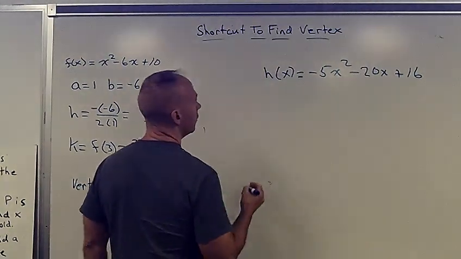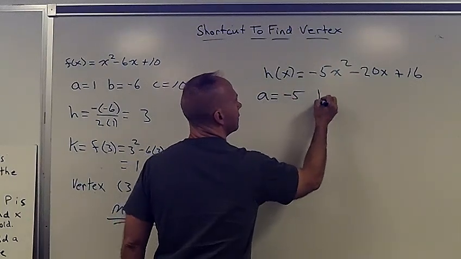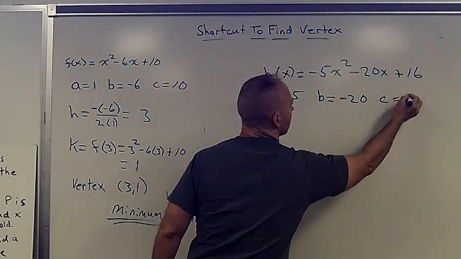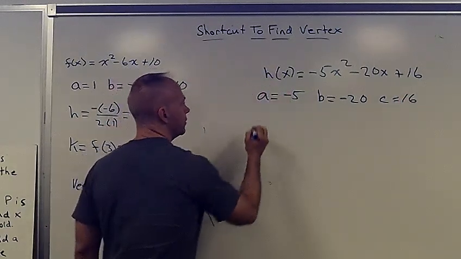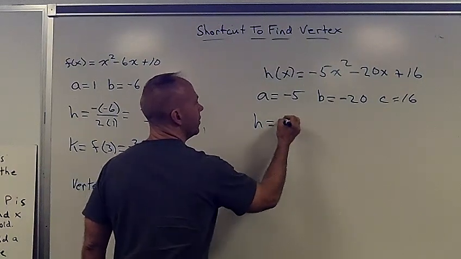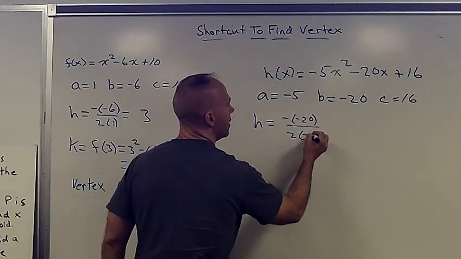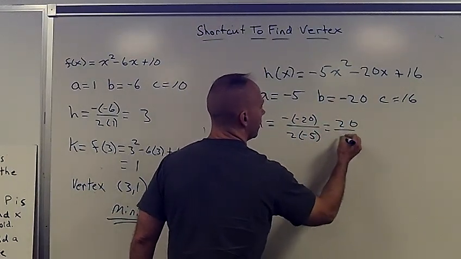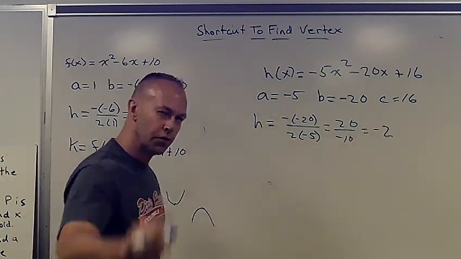First thing we want to do is identify a, b, and c. Now, to find h, we're going to take the negative of b over 2 times a, and we get positive 20 divided by negative 10. We get negative 2. Do you get that?